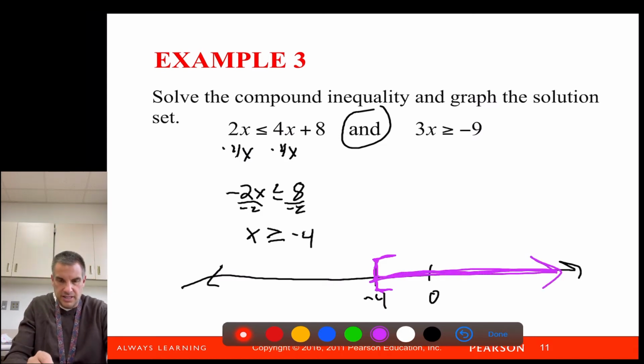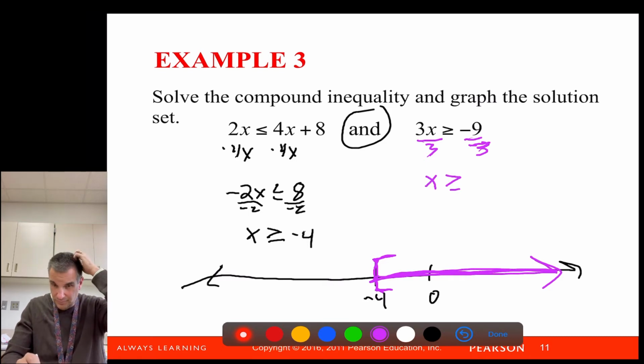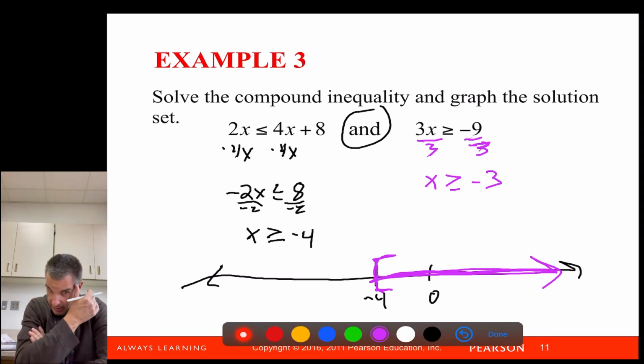Now I'm going to solve the second one. The second one's a little bit easier. Divide by +3, sorry. Because we divided by a positive, we don't have to flip it. It stays exactly the same.